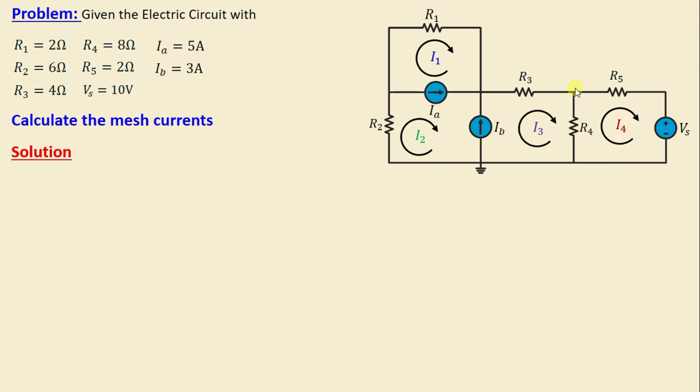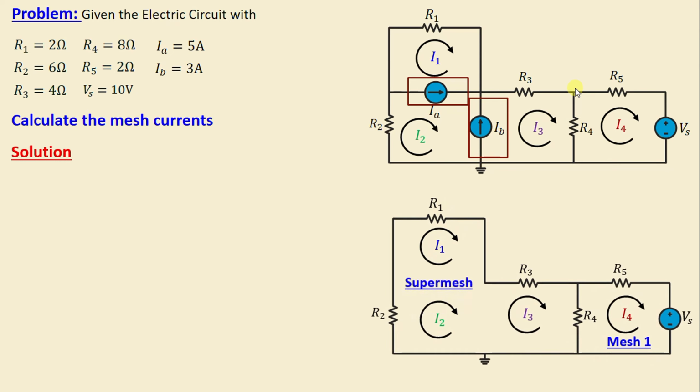After we finish the assignment of the mesh currents, we need to remove the 2 branches containing the current sources IA and IB. Then we obtain our supermesh. By applying KVL in the supermesh, we can write R2I2 plus R1I1 plus R3I3 plus R4(I3 minus I4) is equal to 0.